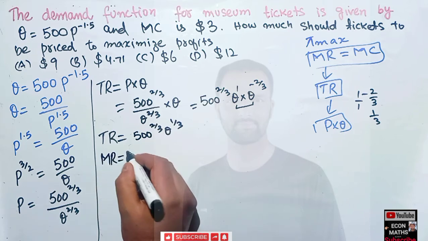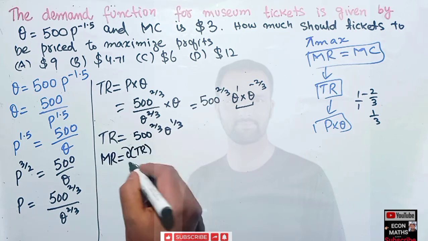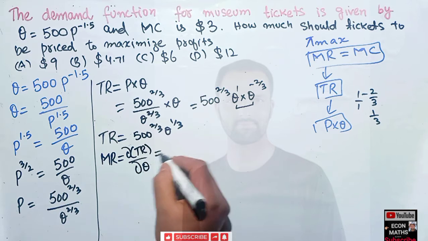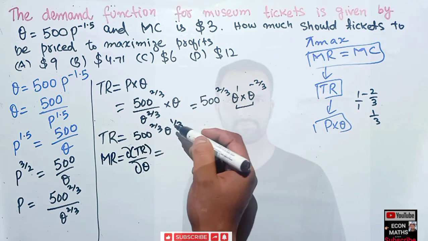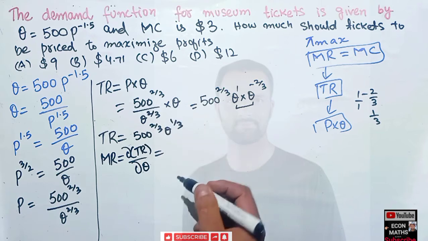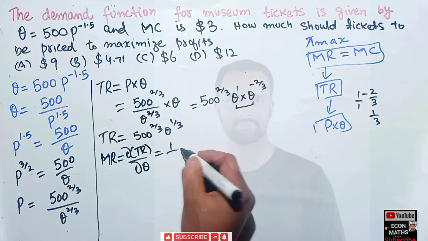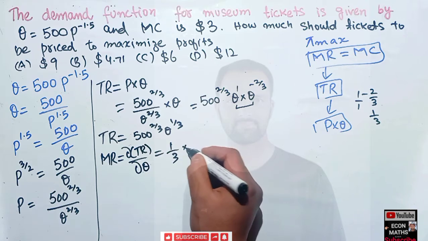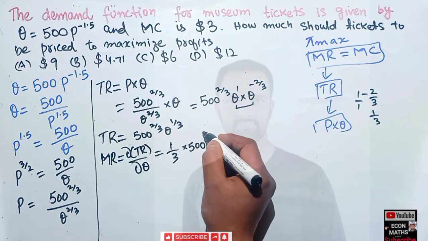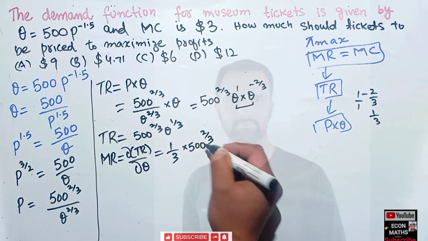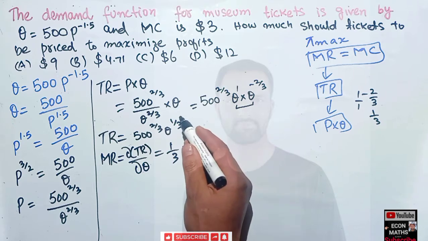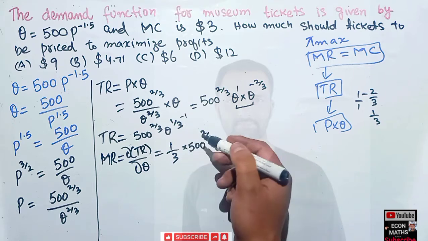Marginal revenue, as I have told you, is the derivative of total revenue with respect to quantity. So taking the derivative here, our variable is Q to the power 1 upon 3. The derivative of Q to the power 1 upon 3: this 1 upon 3 will come down first, then we have 500 to the power 2 upon 3 Q to the power, now this exponent is subtracted by 1 by the power function rule.